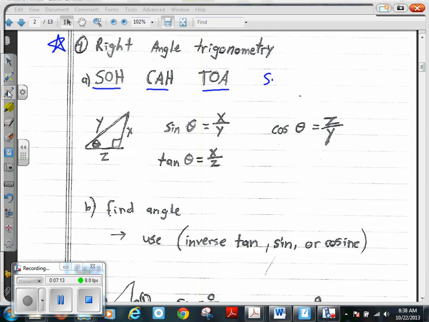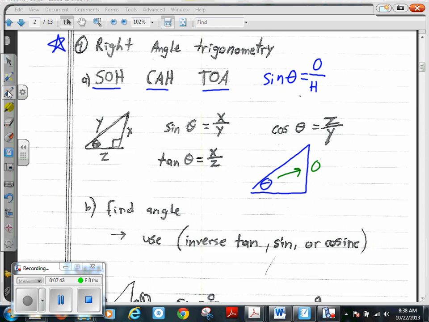So, first one is sine of theta. Theta is just a generic term for any angle. The sine of theta is equal to the opposite length over the hypotenuse length. Okay? So if we're looking at a right triangle here, and if this is theta, the side opposite of theta is called opposite.